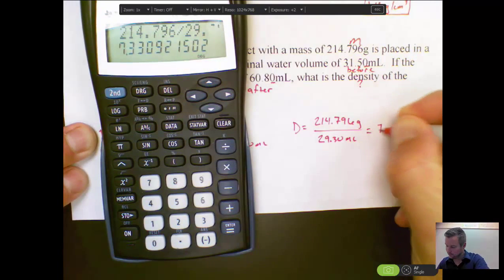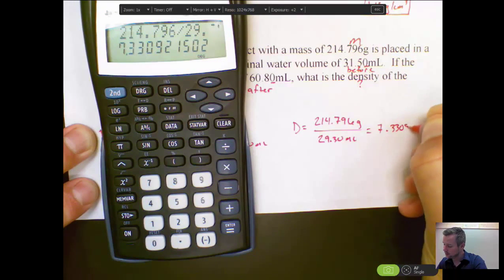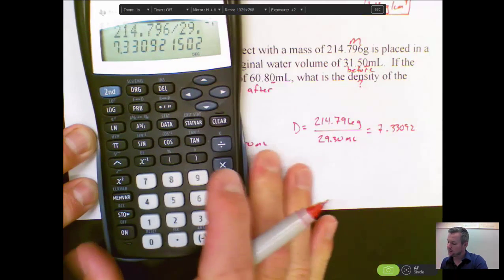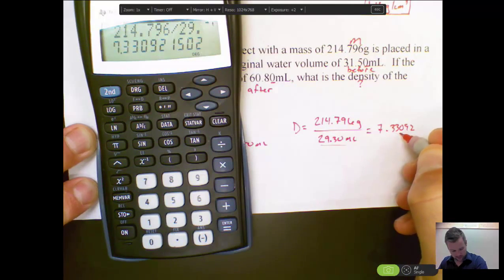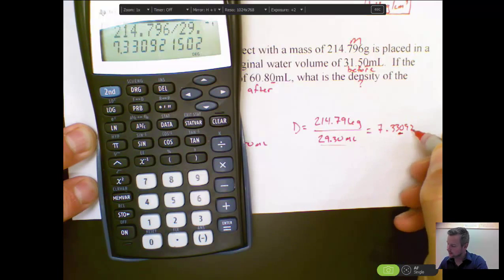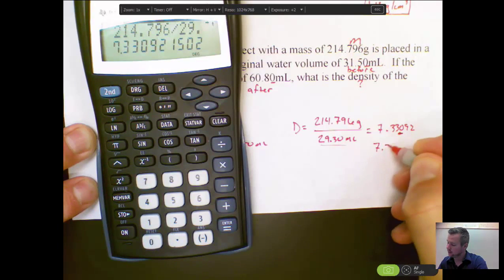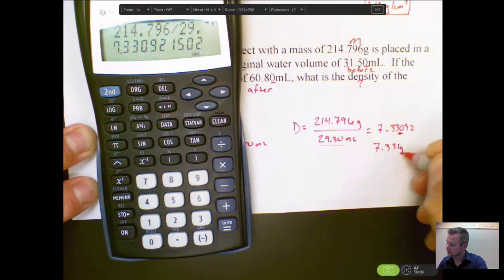That gives us 7.33092. We have 4 sig figs in our volume, so we get 4 here. The 0 followed by 9 rounds up to 7.331 grams per milliliter. But since this is a solid object, it should probably be grams per centimeter cubed instead.